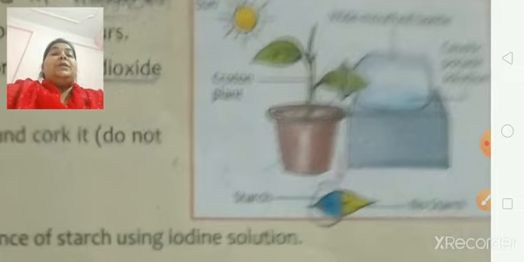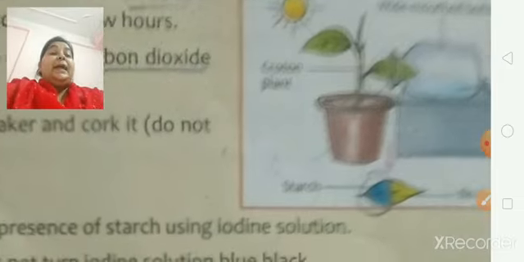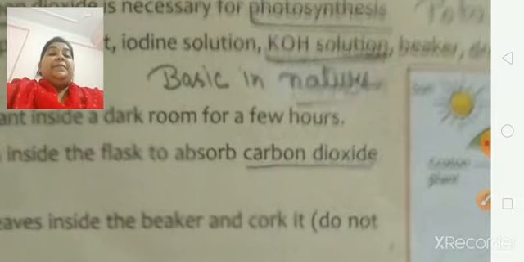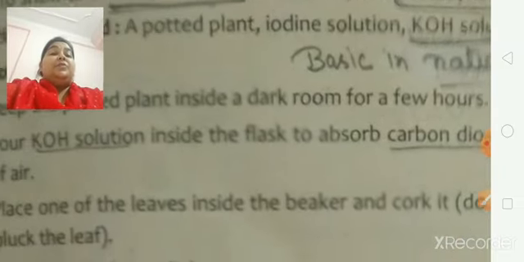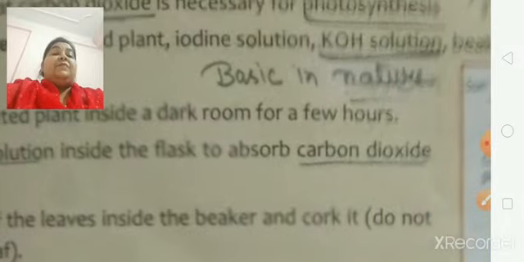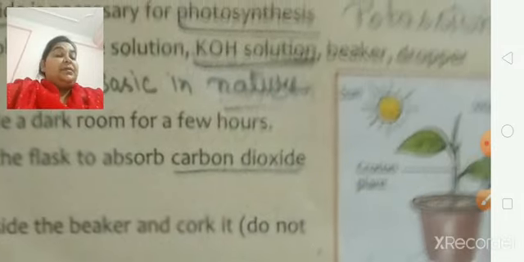It can be seen clearly from the diagram. Now what happens: we keep it in a dark room, because for destarching we have to keep it in a dark room.